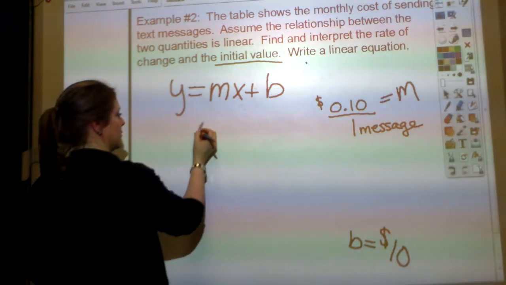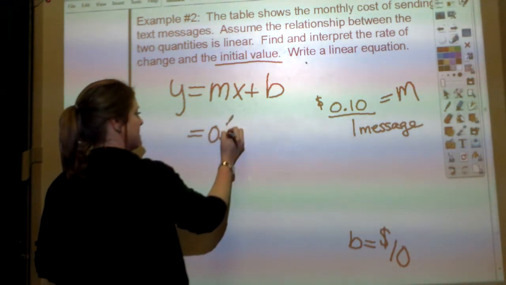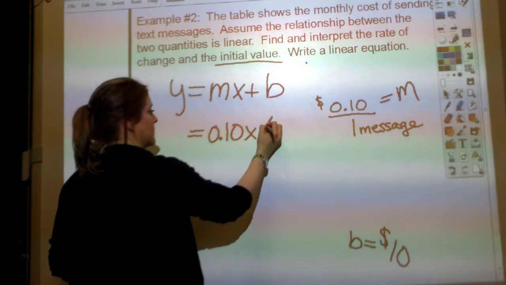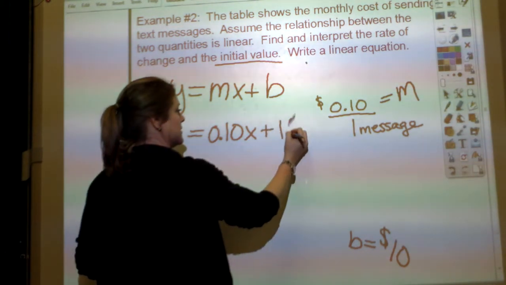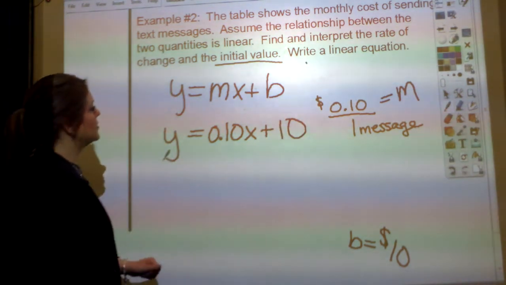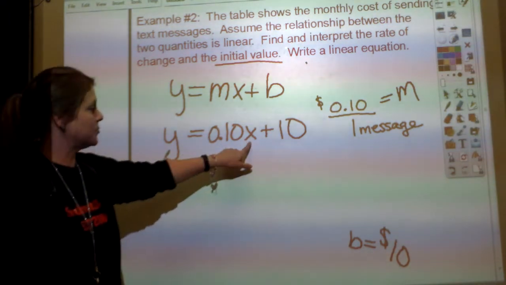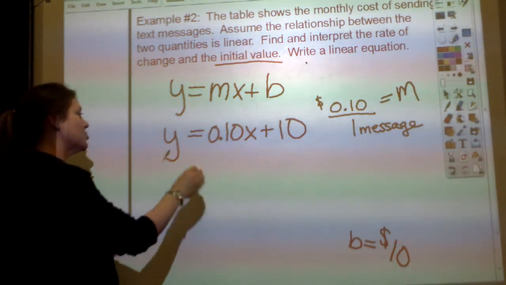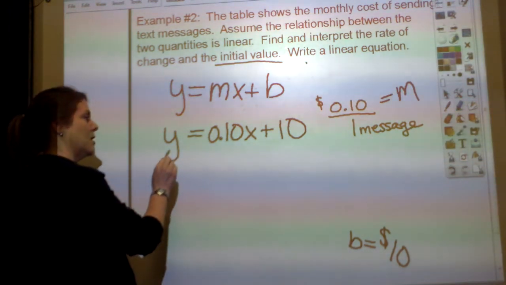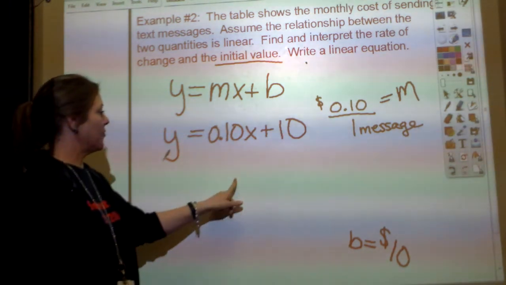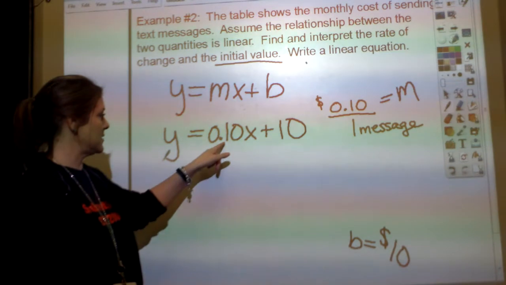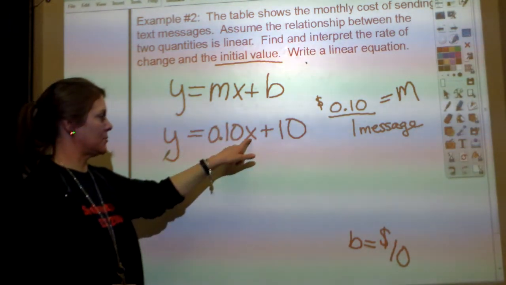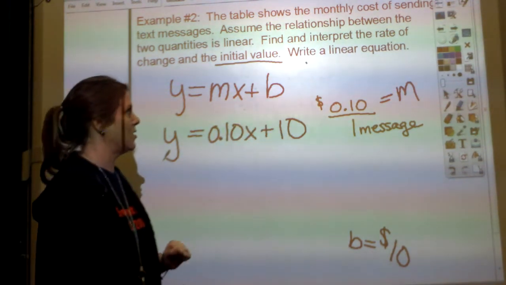So we're going to put it right in place of m. And our b is 10. So in this situation, x, remember, was your number of text messages, y is your cost. So the total cost is obtained from 10 cents per text message plus $10.